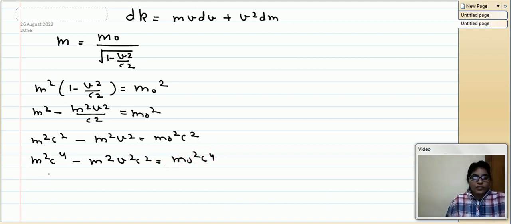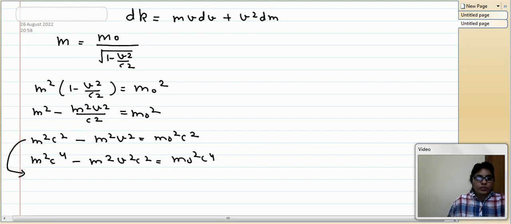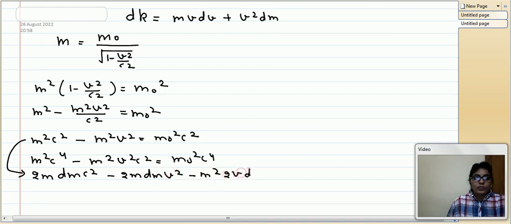Now differentiating it with respect to m and v, m naught square c power 4 is constant. Or let us differentiate the equation before multiplying it by c square. It will be 2m dm c square, c is constant, minus 2m dm into v square, then minus m square 2v dv is equal to 0.